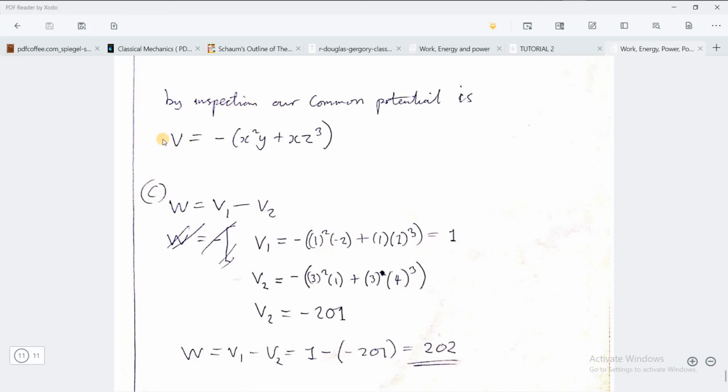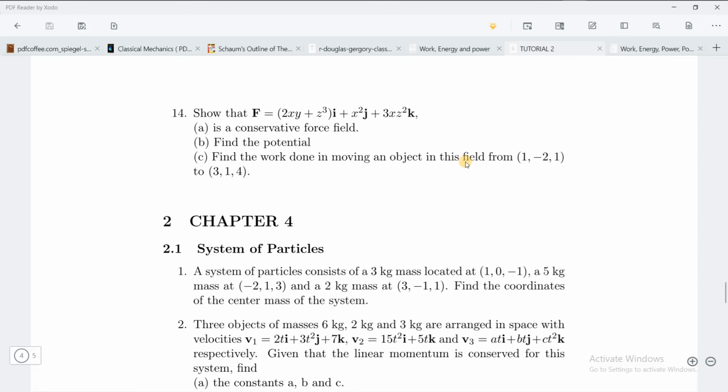Now taking this potential, we plug in our coordinates which we've been given. We plug in at 1, we get this operation. We've been given 1, negative 2, 1. This is the initial coordinate here, and the final coordinate here.